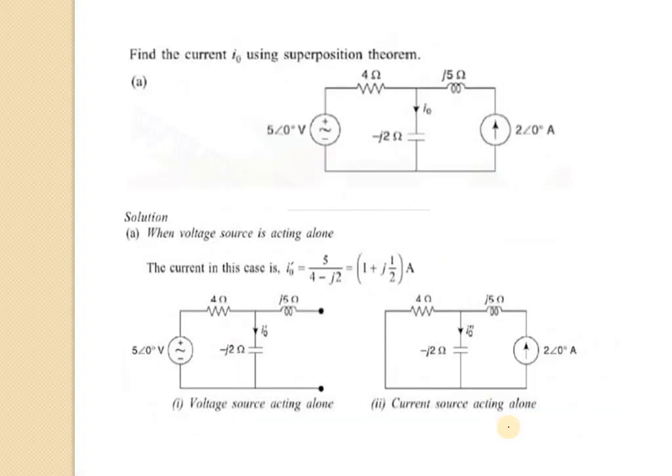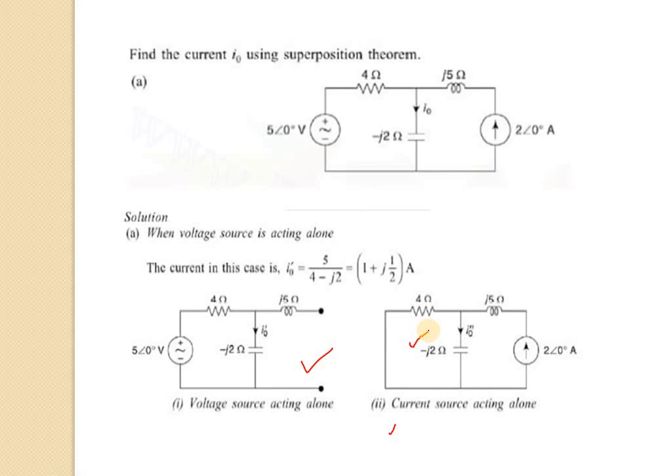So let us consider another problem where one voltage source and one current source are there. So here we have taken the voltage source first and deactivated the current source. So the path becomes open circuit, this one, and the 5 volt source is acting here. In the next step we will deactivate the voltage source, and the current source will be acting.